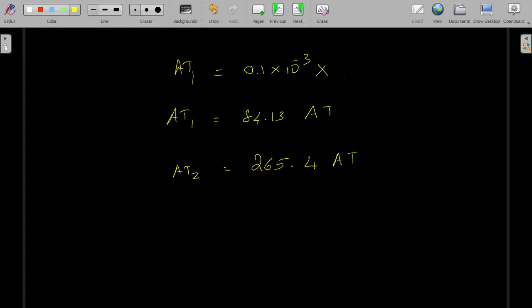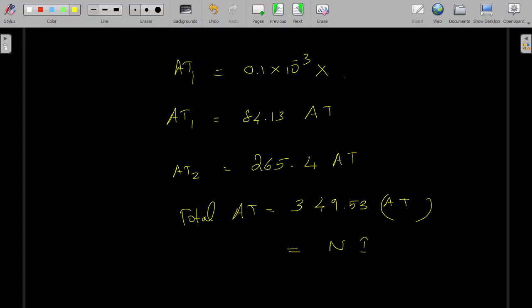And so total MMF, or total ampere turns, will be the addition. So you add, and what you will get is 349.53 ampere turns. And that will be equal to your N into I.